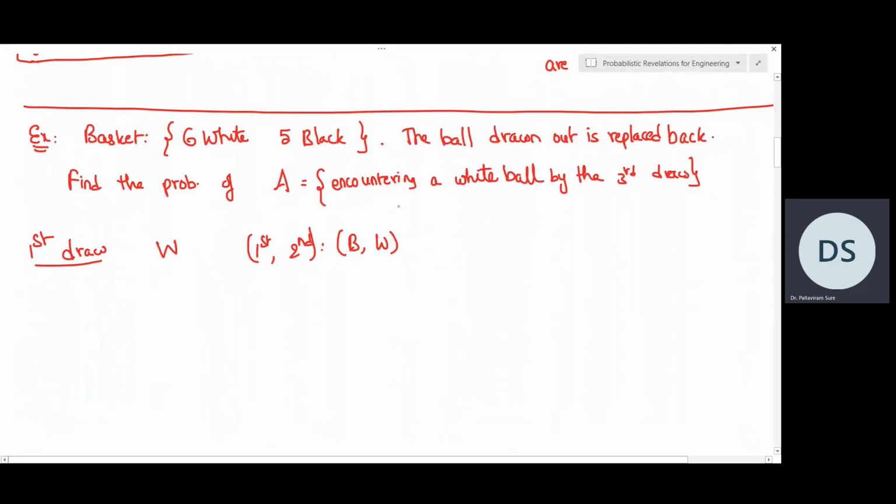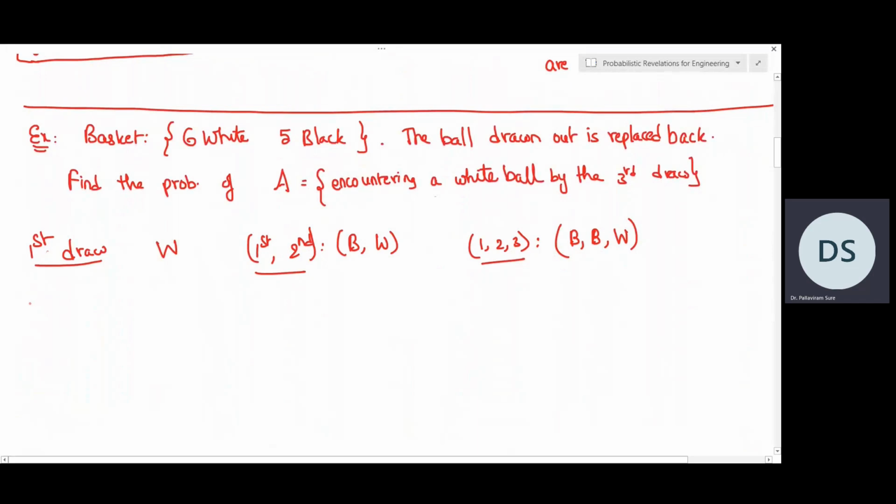So this element is also a part of this event A. And again, if we have got in the first draw a black, second draw also a black, and in the third draw if we encounter a white, that is also a part of this event. So this is an event called A, which comprises of these three elements. So we need to find the probability of this event called A.